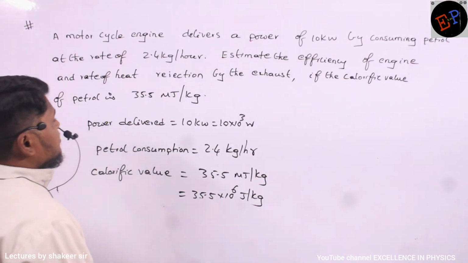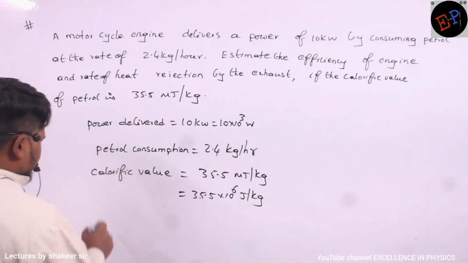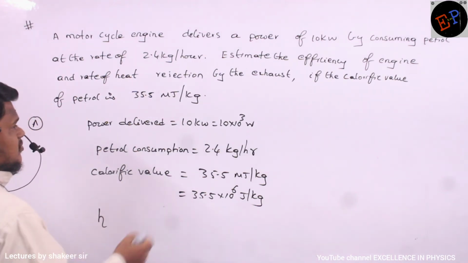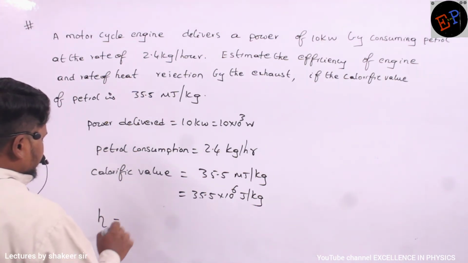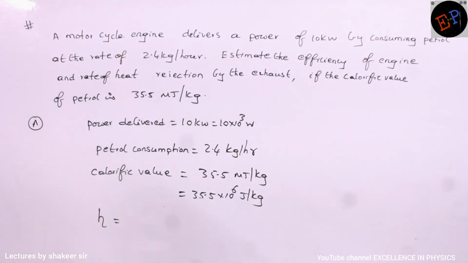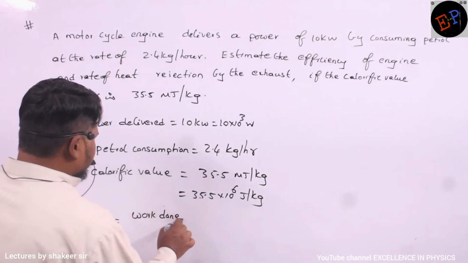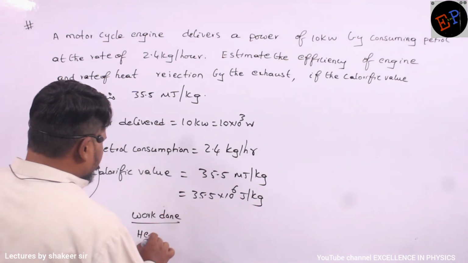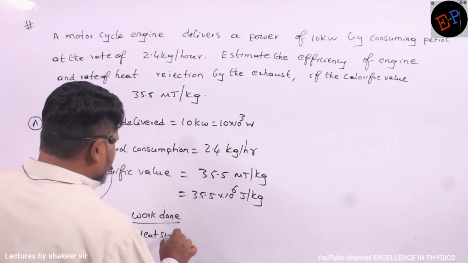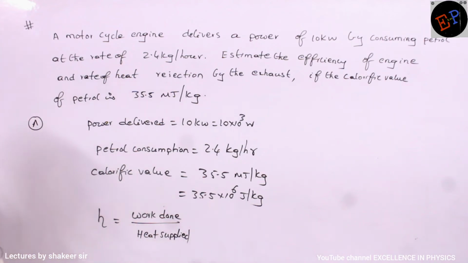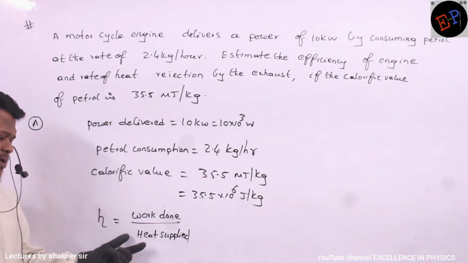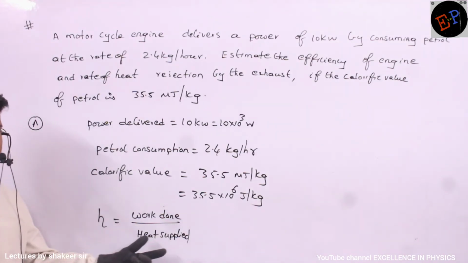Okay. So he is asking for both efficiency and heat rejection. What is the formula for efficiency? Work done per heat supplied. This is called the efficiency of a heat engine. How much work is done per the amount of energy received from the reservoir, or just say the heat supplied to the heat engine.